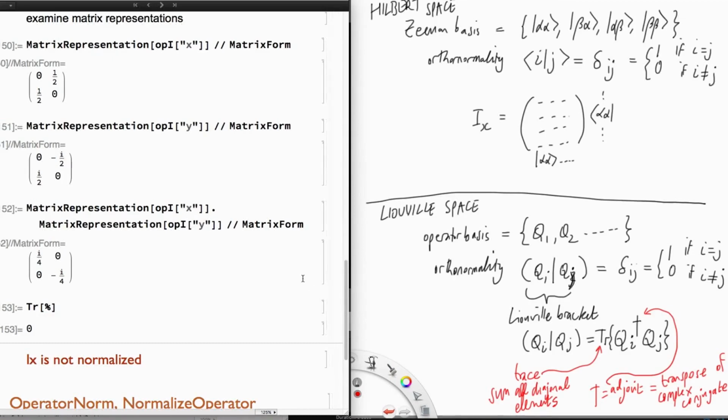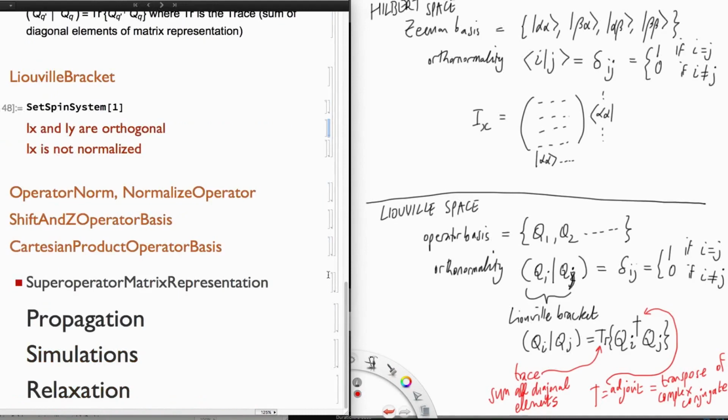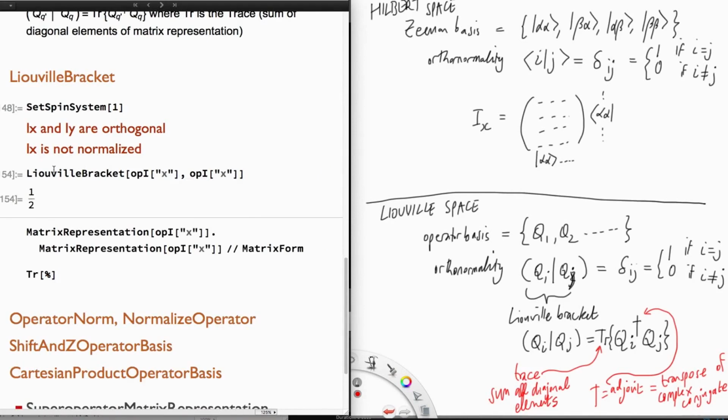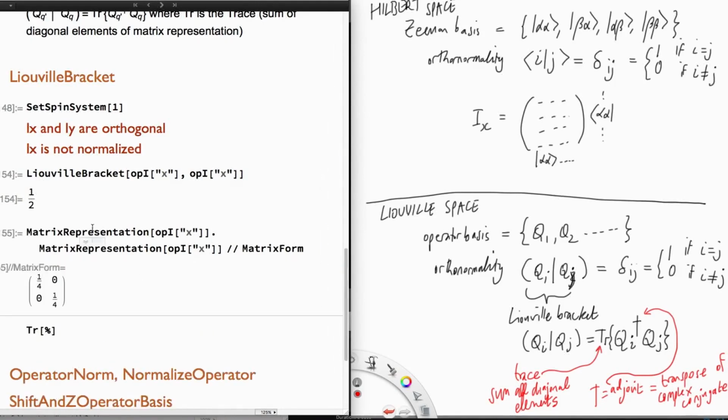Now that's usually not the case without a bit of intervention. So if you take the Liouville bracket between Ix and itself, then the answer is a half, it's not 1. Which one can also see if one multiplies out the matrix representations. The matrix representation of Ix multiplied by itself is this matrix, and you can see the trace is not 1, it's a half.